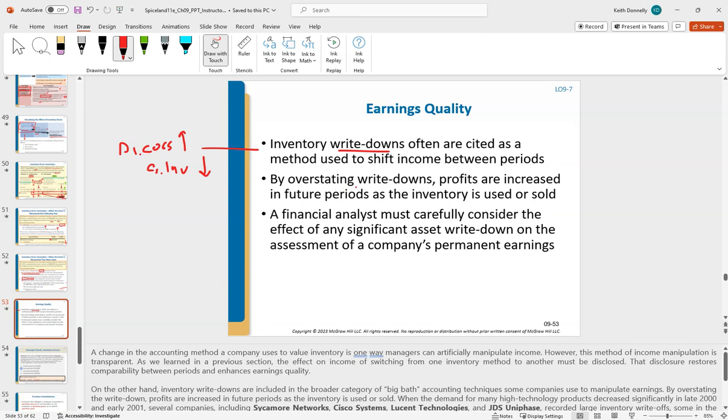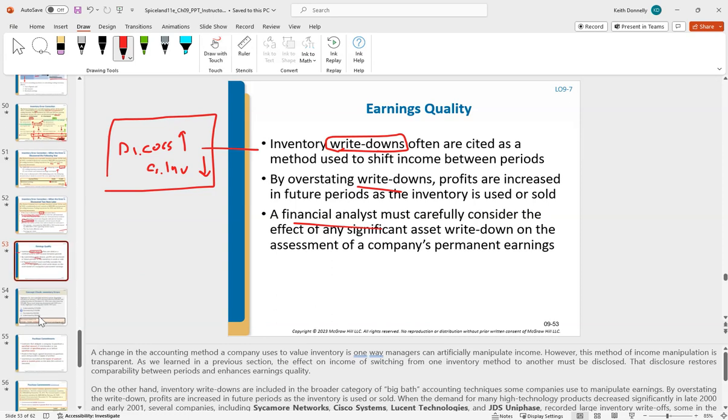By overstating write-downs, profits are increased in future periods as the inventory is used or sold. So this is just saying, hey, financial analysts, whenever you are looking at a company and they're doing write-downs, investigate those, make sure they're accurate and reasonable. You can look in the notes at some more fishy or skeptical situations where that happened.